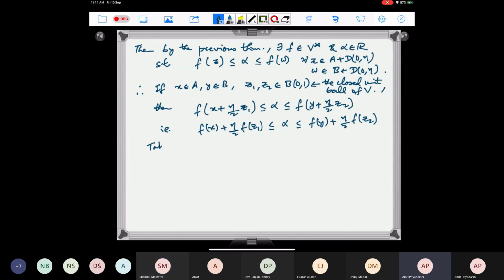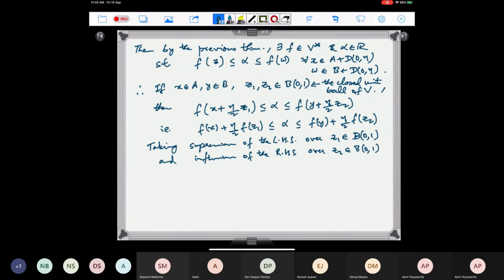So now taking the supremum of the left hand side over z1 belonging to B01 and the infimum of the right hand side over z2 belonging to B01, we get f of x plus eta by 2 norm f is less than or equal to alpha is less than or equal to f y minus eta by 2 norm f.